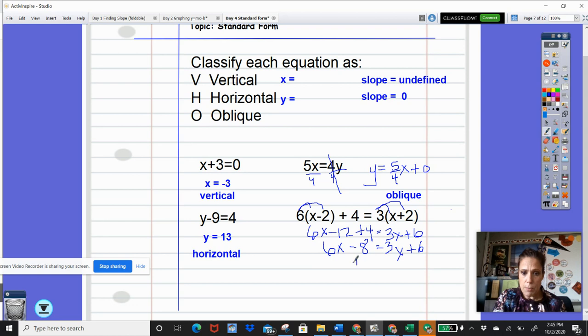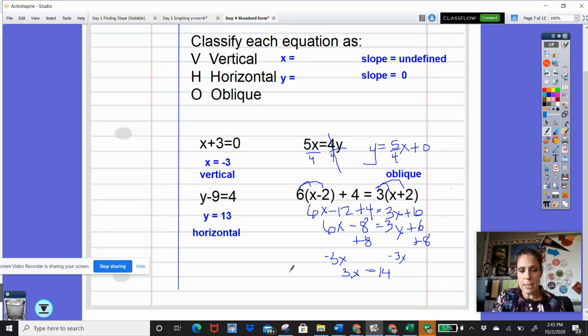I'll add 8 to both sides. And then I'm going to subtract 3x from both sides. So I'll have 3x on the left, and then I'll have 14 on the right.